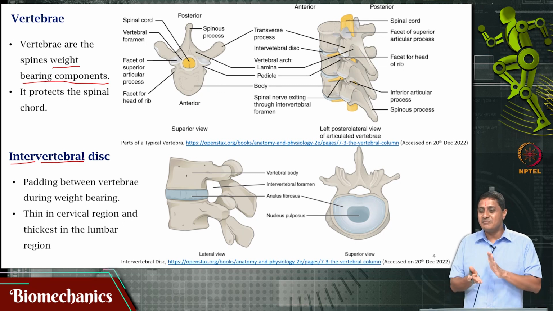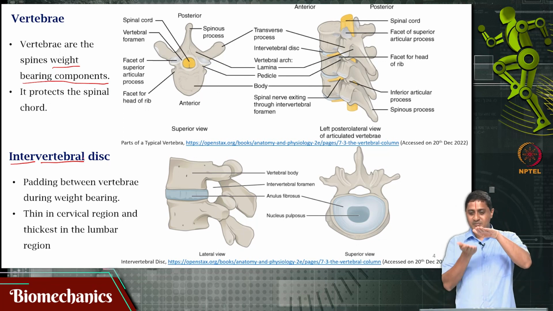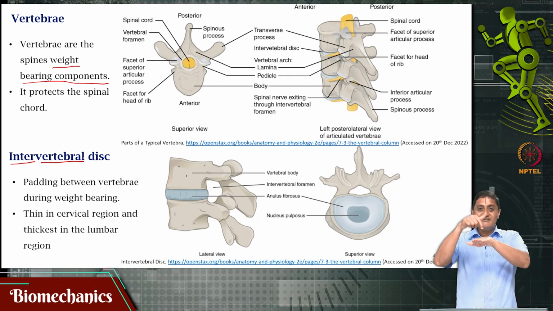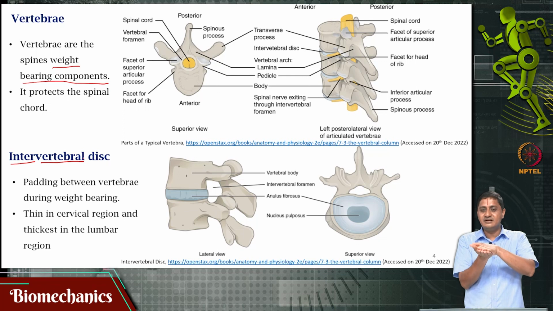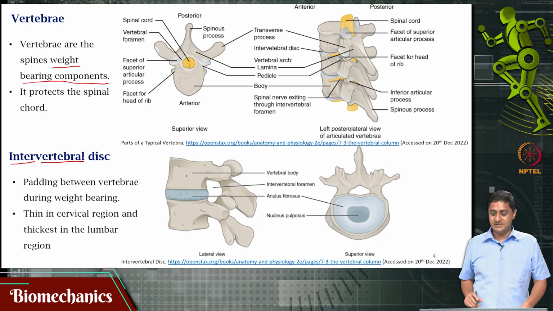There can be shearing between vertebra. For example, if this is one vertebra, this is another vertebra, and there is no intervertebral disc, this kind of shearing can happen, which is not a desired feature, is it not? In this case, the weight in this vertebra should pass on to the next vertebra. That is maintained by this pad-like mechanism, which is the intervertebral disc.